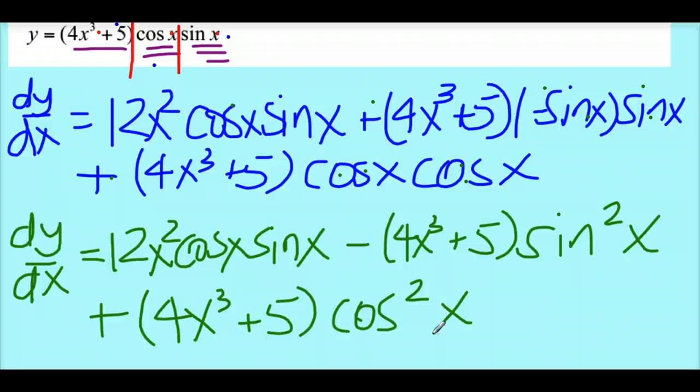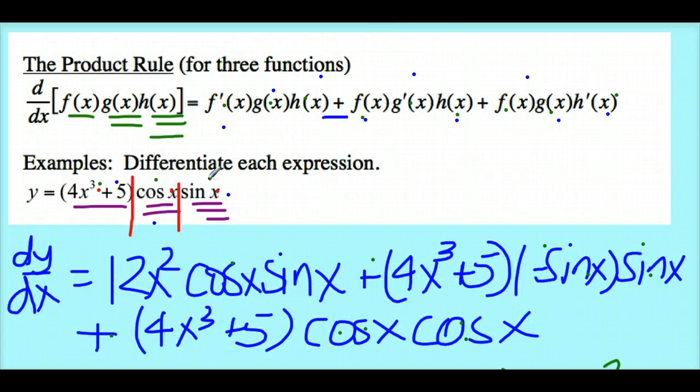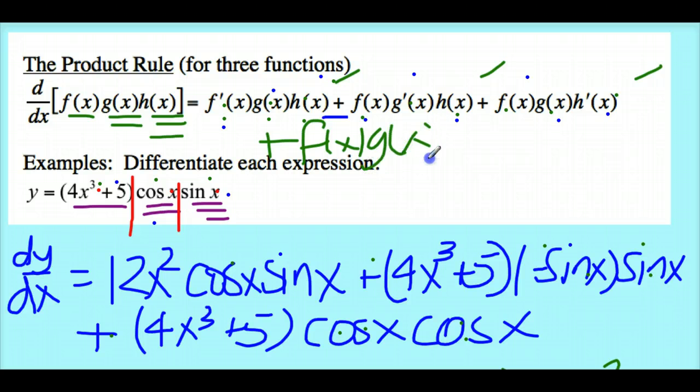So by taking a look at this function, we can expand this out to products that have more than two terms. In our previous examples, we've always had two terms right here. In this one, I have 1, 2, 3. If I were to do a derivative that has 4, I would use the same pattern, except I would add on another term right here, another term right here, another term right here, plus the 4 different functions of f of x, g of x, h of x, and let's call it j.